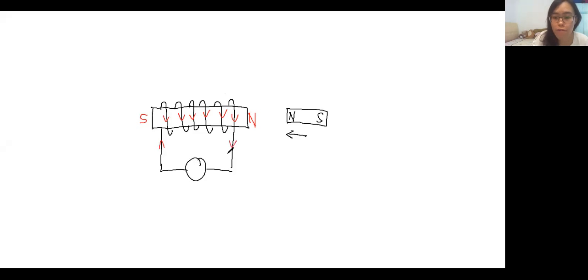So the flow of the current will be from here to here. That's why the pointer of the galvanometer is towards the left hand side. Can you get it here or not? Because here the current is coming down, then up here. It's a circuit. The current must flow in a closed circuit, in a complete direction.